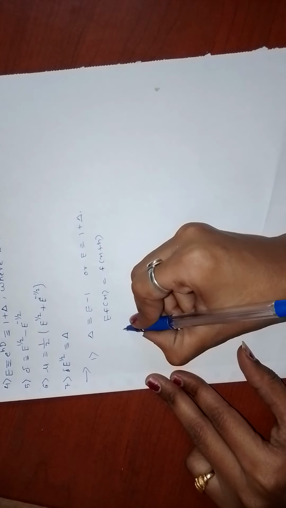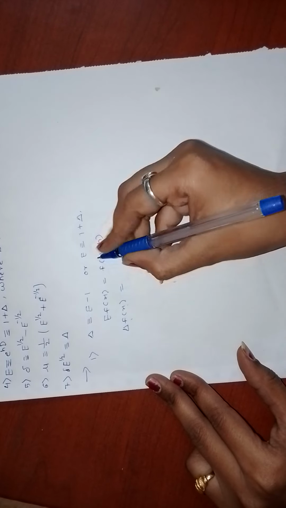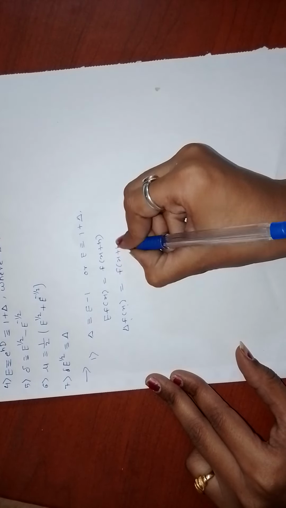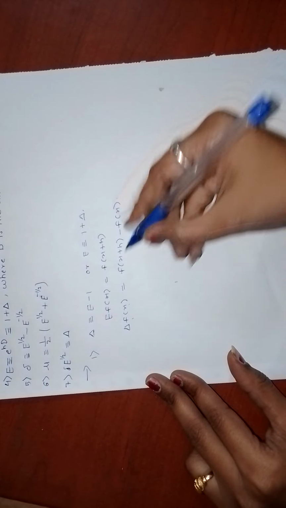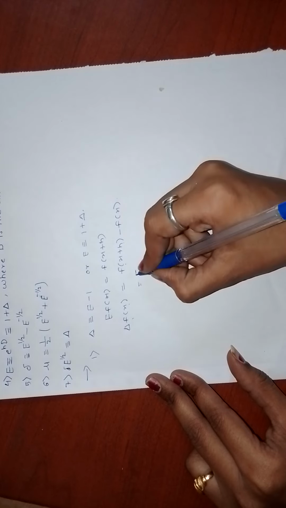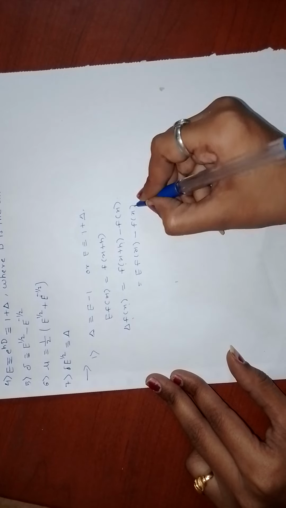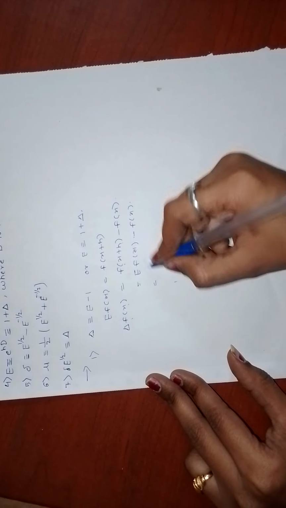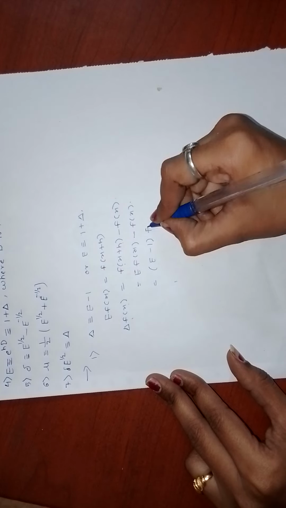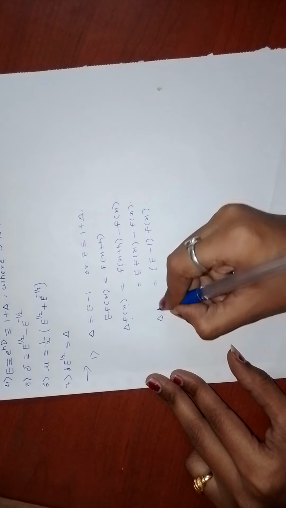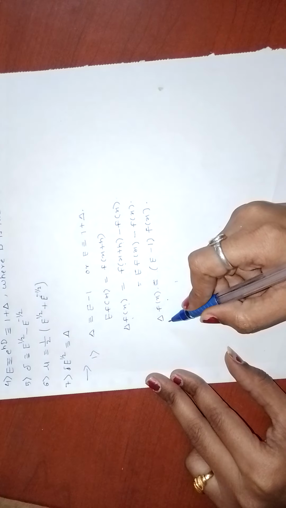So consider delta f of x, which is f of x plus h minus f of x. This is forward difference operator, and f of x plus h is E into f of x, minus f of x, where take common f of x, we get in a bracket E minus 1 f of x. This is delta f of x, which is equals to E minus 1 f of x.